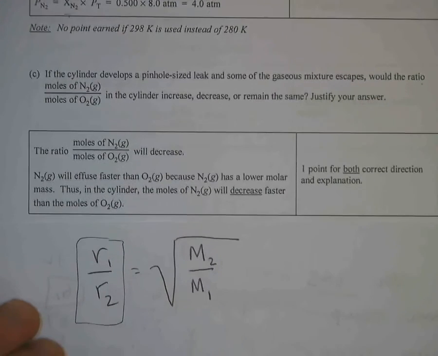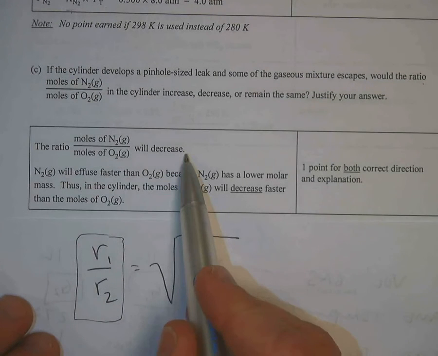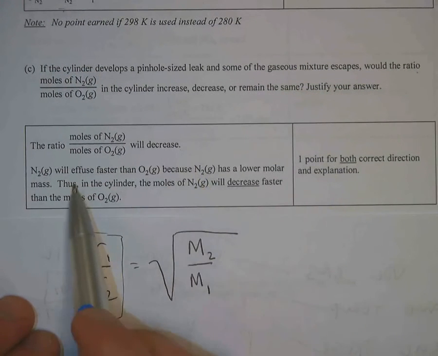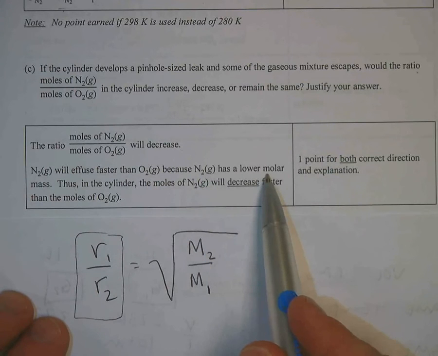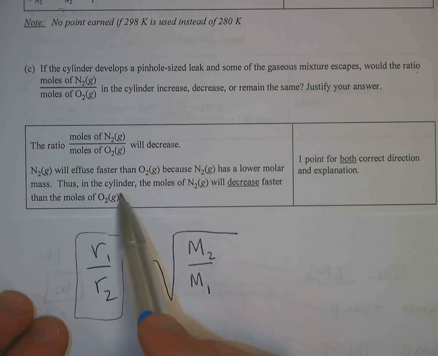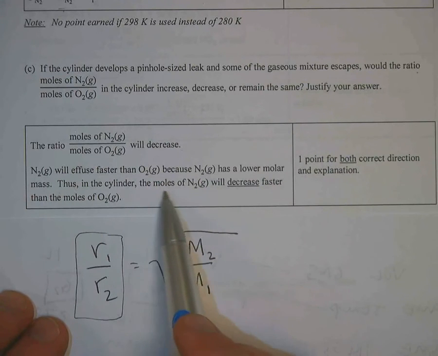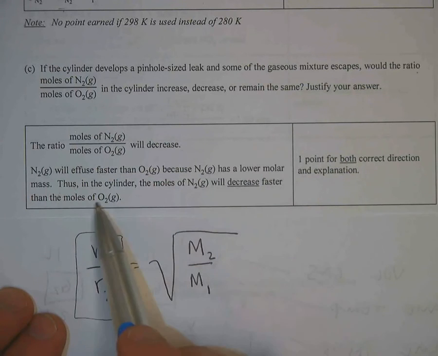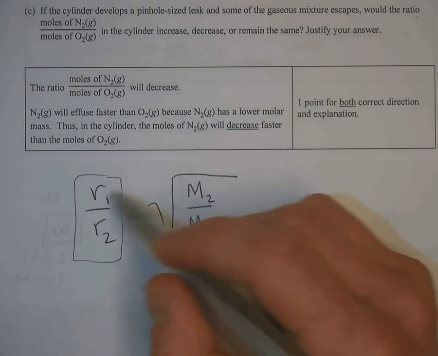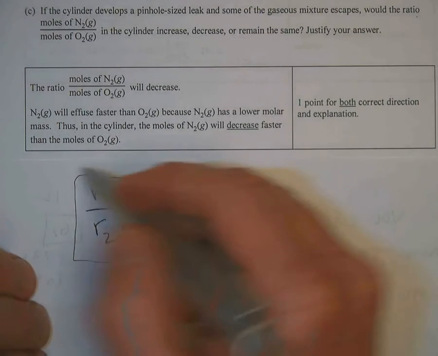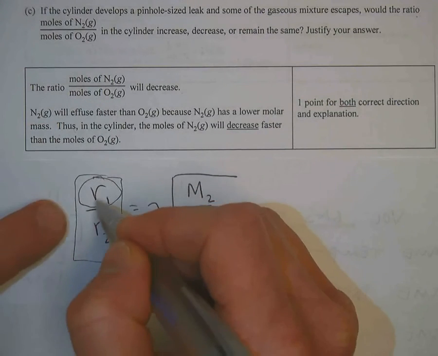The ratio of moles of N2 to O2 would decrease. N2 will effuse faster than O2 because N2 has a lower molar mass. Thus, in the cylinder, the moles of N2 would decrease faster than the moles of O2. And we can see this by saying, okay, I want to know what's going to happen to the rate of effusion of N2.